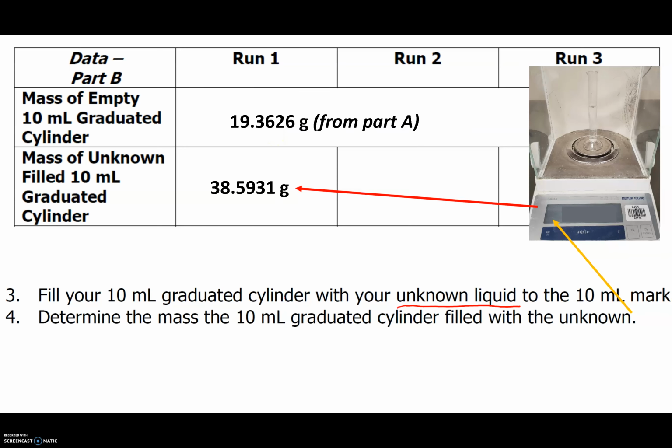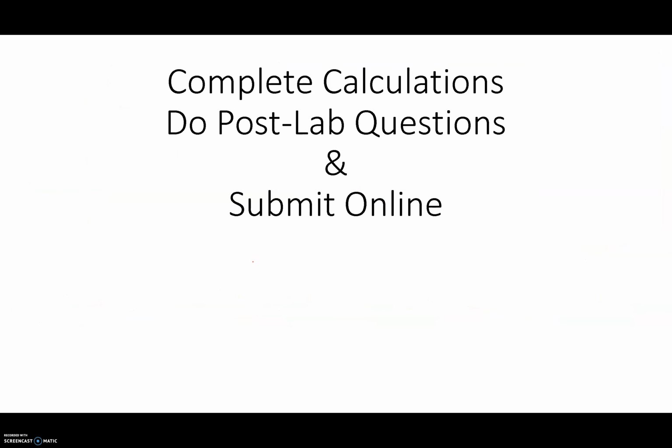All you got to do is that 3 times. Dump it out, dry it out, fill up your unknown, weigh it again. Dump it out, dry it out, fill up your unknown, weigh it again. Done. At that point, once you have all your data, you can just complete the calculations and the post-lab questions fairly easily. And then hopefully you have enough time to submit the data online.